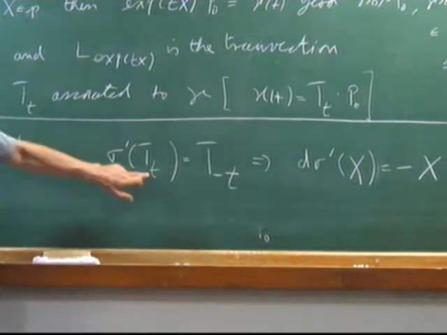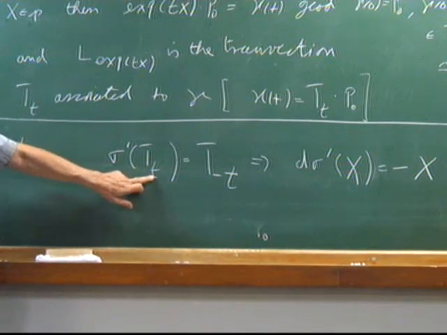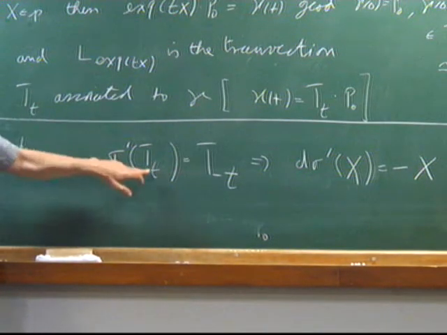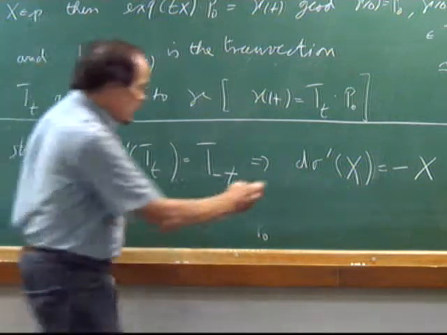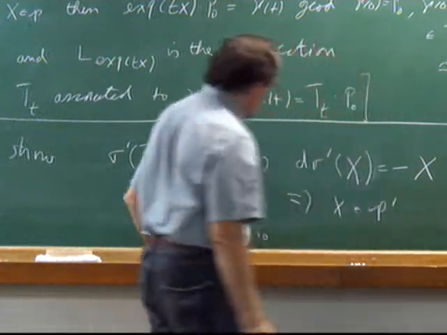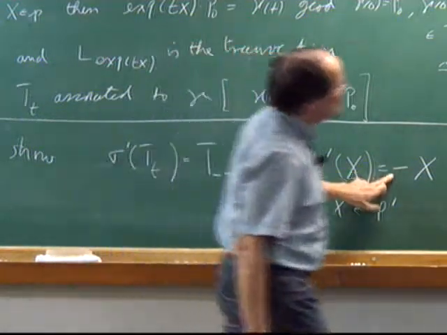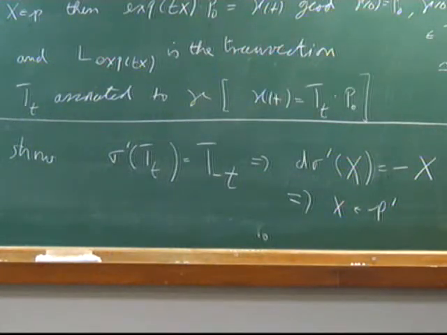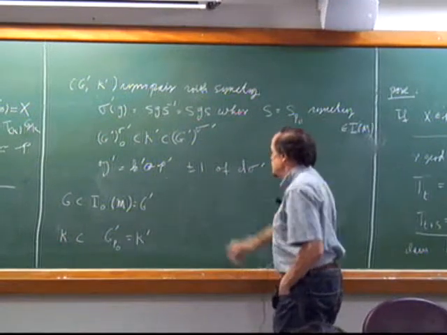Right? If I differentiate tt, I get my Killing vector field x. So differentiate the equation. This is x, this is minus x. So this implies that x lies in p prime. Right? Because the minus 1 eigenspace of sigma prime, this was in my Cartan decomposition p prime.